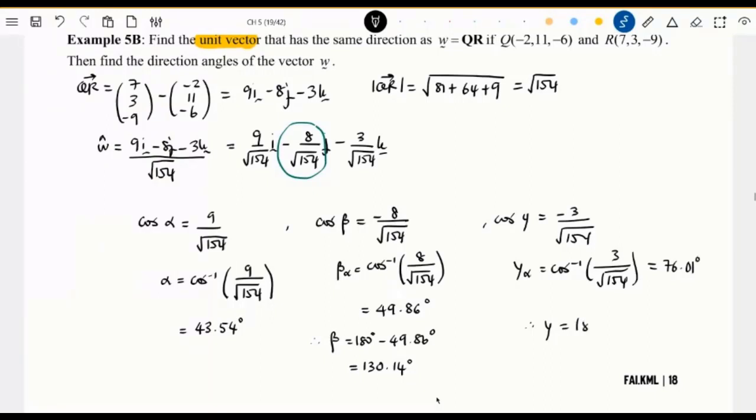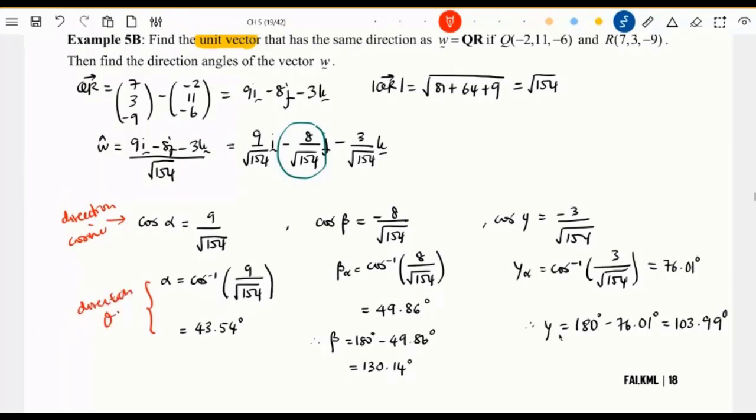Okay, and then 180 minus 76.01 kita dapat 103.99. Alright, thank you. So we done by finding the direction angle. So kena ingat ini adalah direction cosine. Ini adalah direction angle.